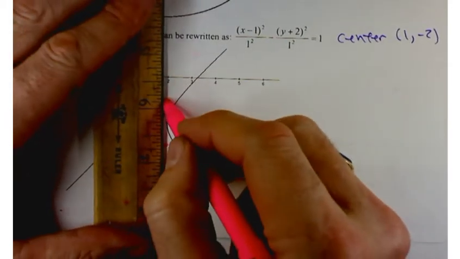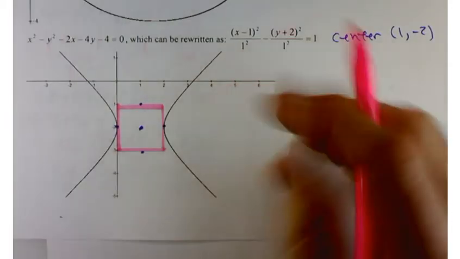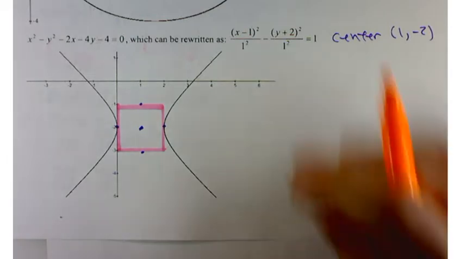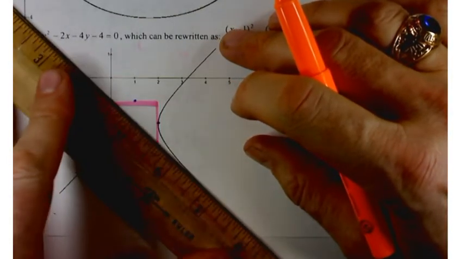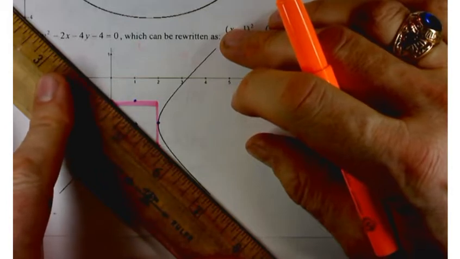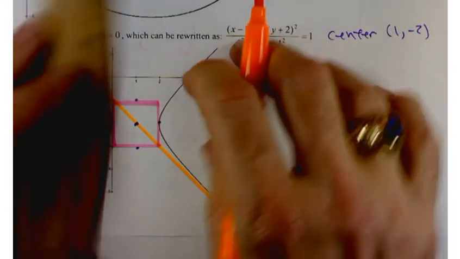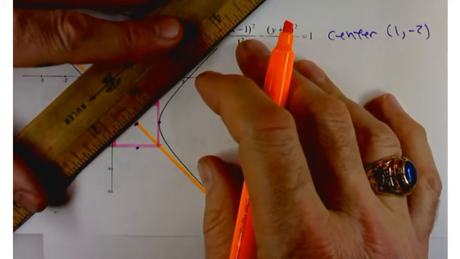Now this isn't your graph, and the next part's not your graph, but it helps you draw your graph. And what helps you draw the graph is when you draw the diagonals of this box, because the diagonals are going to serve as asymptotes for your hyperbola, here and here.